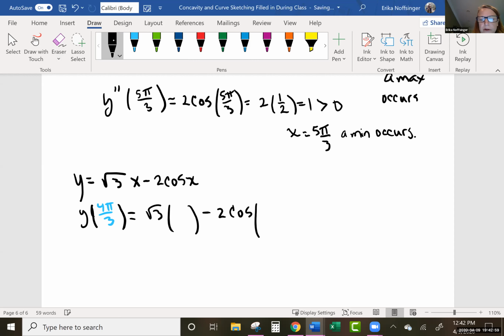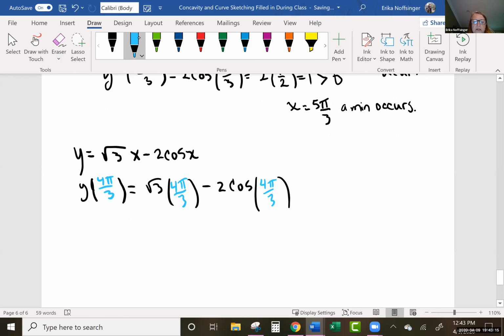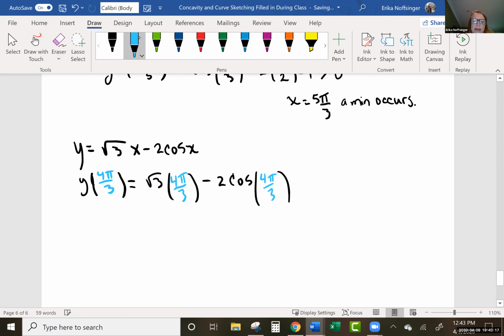It's not the prettiest number. Okay, so cosine of 4 pi thirds, that is -1/2. -1/2 times -2 gives me a +1.